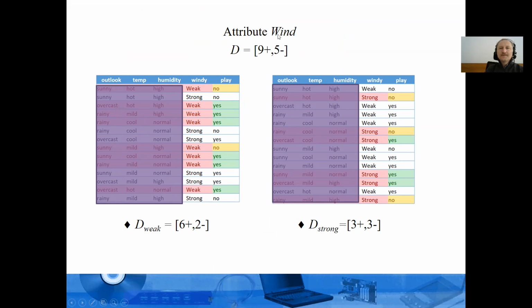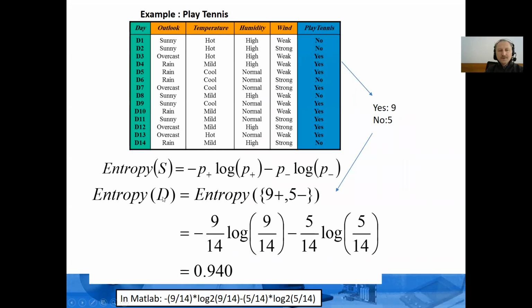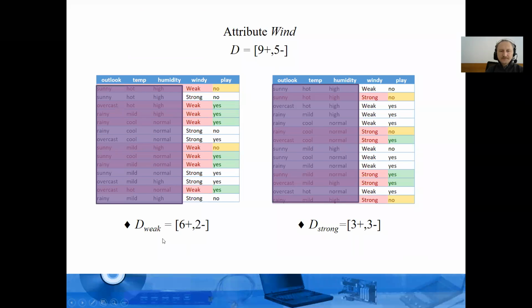Now for wind, we want to calculate entropy. Inside the wind, we have 2 options: weak or strong. Entropy of the weak, entropy of the strong. In some sources you can see S, in some you can see D. It shows the set.